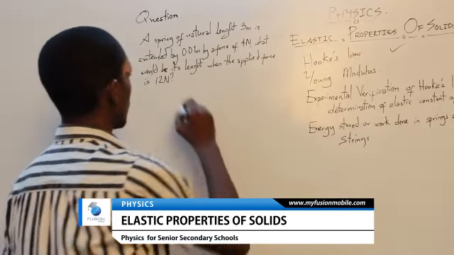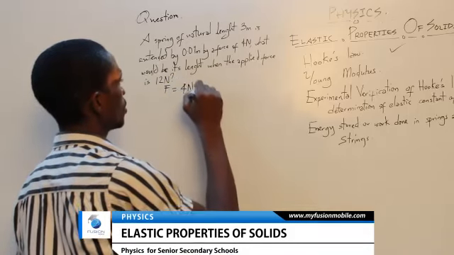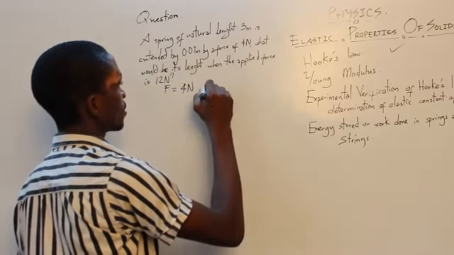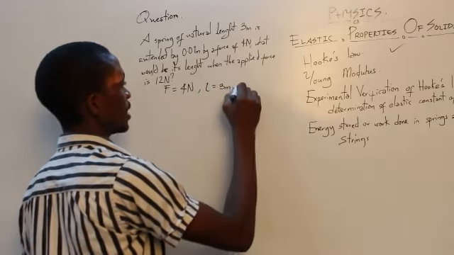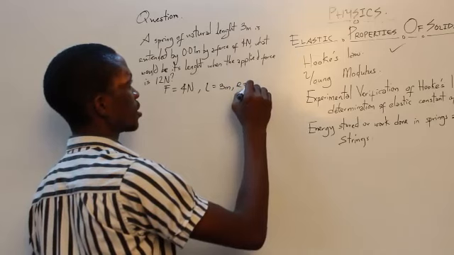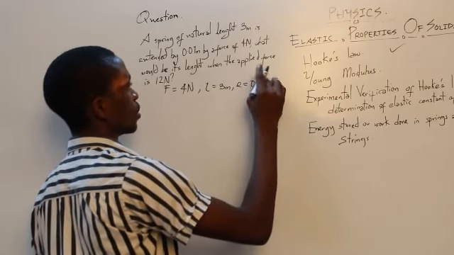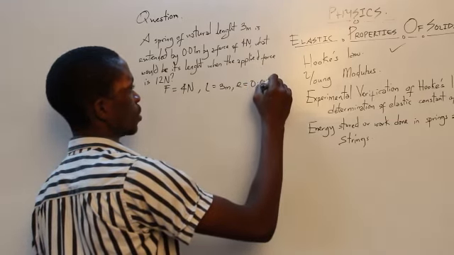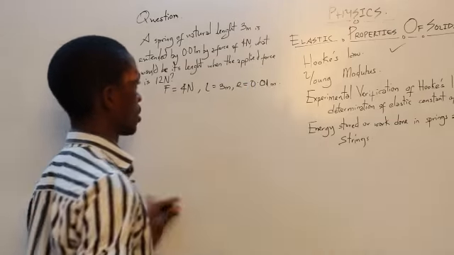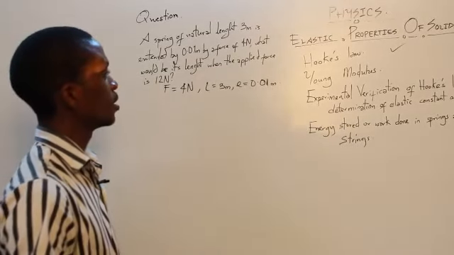The first thing we have is a force acting, and force is 4 newtons. The length is 3 meters, and the extension experienced is 0.01 meters.